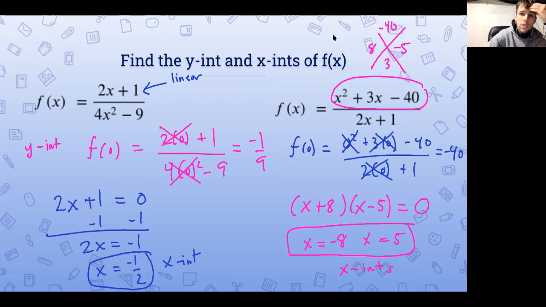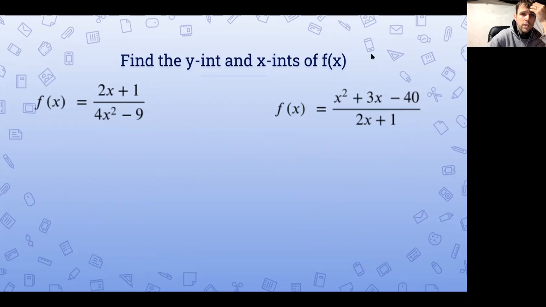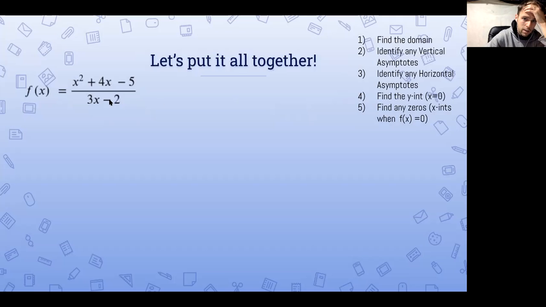All right, I think we're going to try to put this all together and actually glance at a couple graphs. Let's identify the domain and the vertical asymptotes. Remember, that's more or less the same thing. We want to know what makes the denominator equal 0 for both of those. So kind of two birds with one stone here.